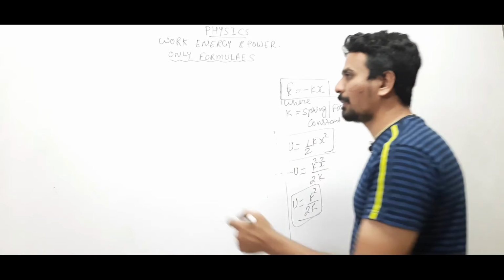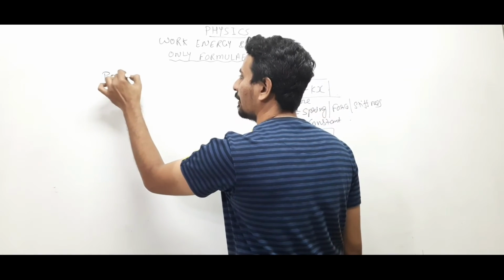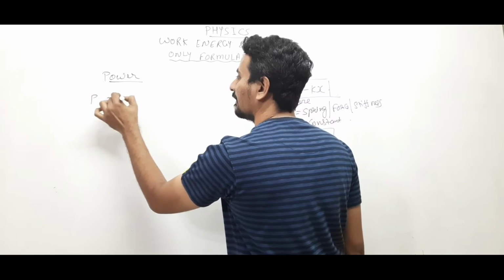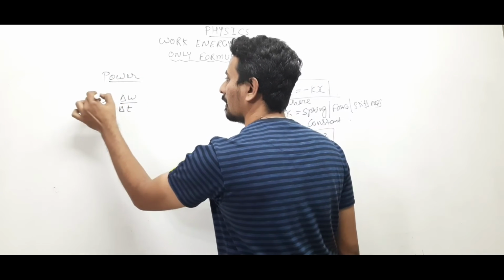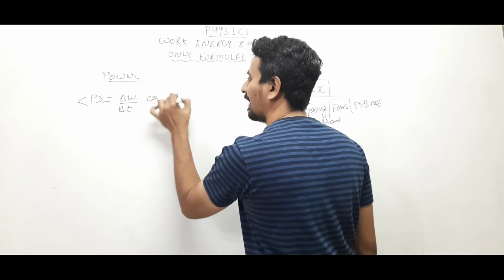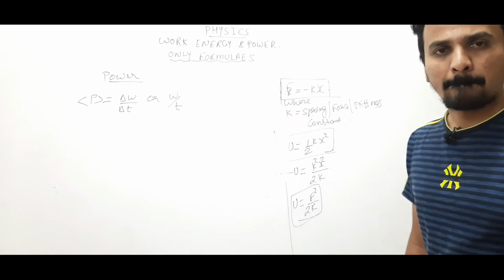Then we had seen power. Power is the rate of work done. So average power is delta W by delta T, or W by T. This is average power.